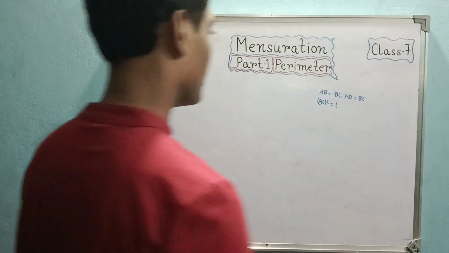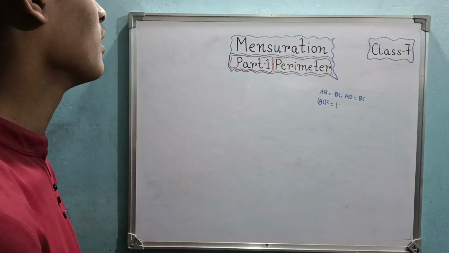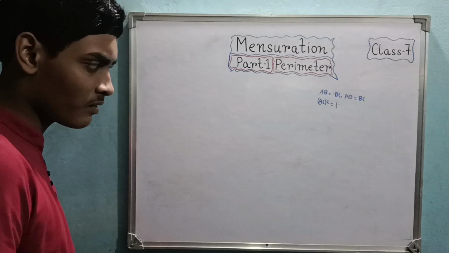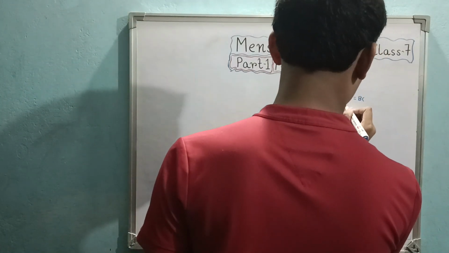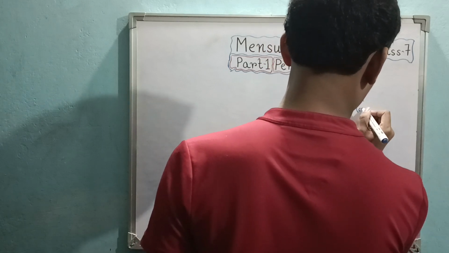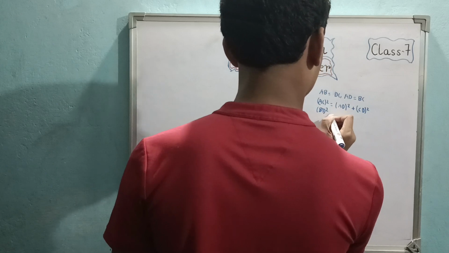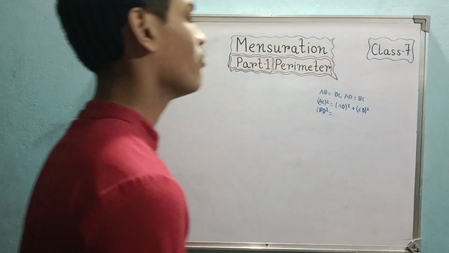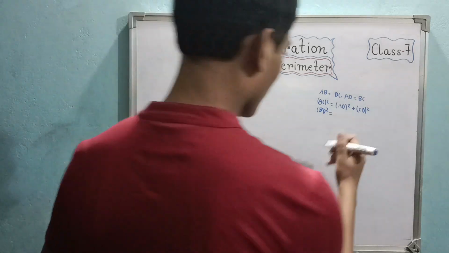So what was AC then? AC square was equal to, let me just think, AD square plus DC square, right? Yeah. Don't write DC square, write CD square, okay? And what was BD square? For BD it was BC square plus CD square.